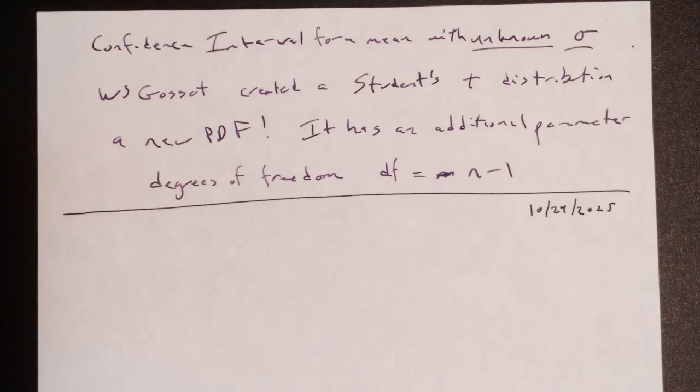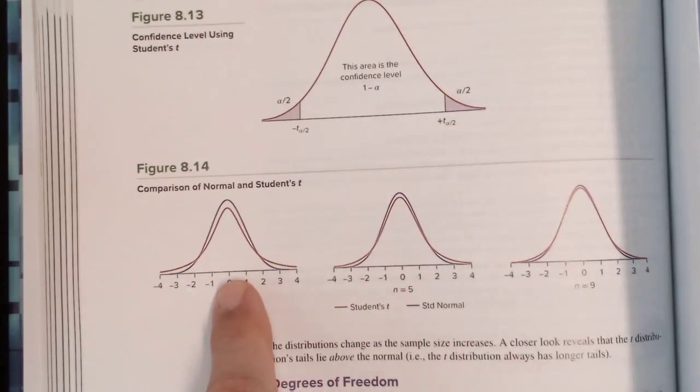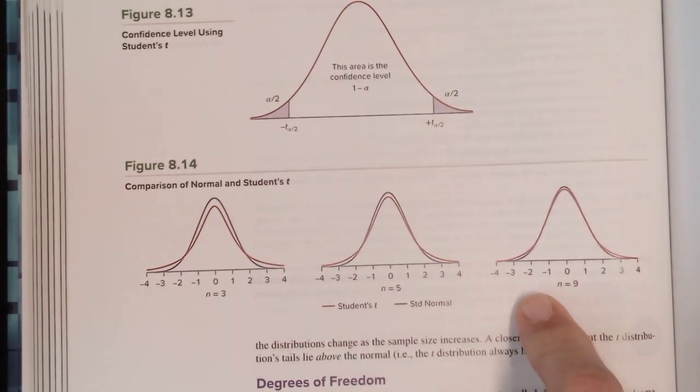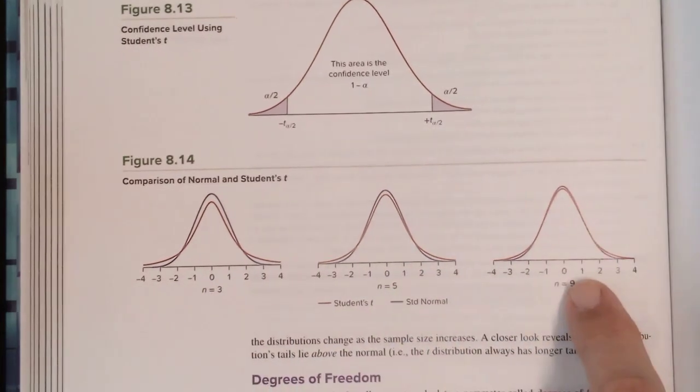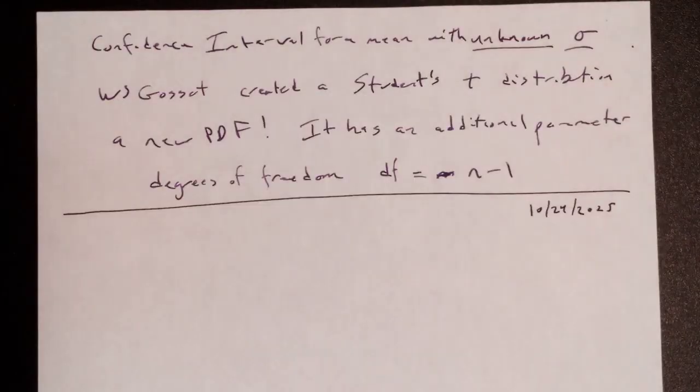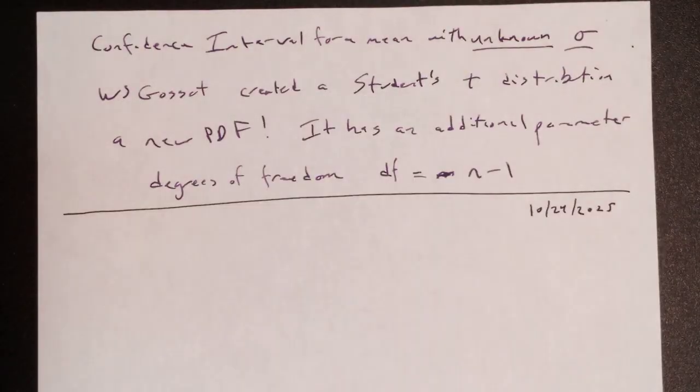And when we have a small number, a low degree of freedom, then the graphs look substantially different, as we see here. But as we gain more and more members of our sample, then our curves get closer and closer together. And as we will see in the table, as our degrees of freedom grow, we approach that normal distribution perfectly.